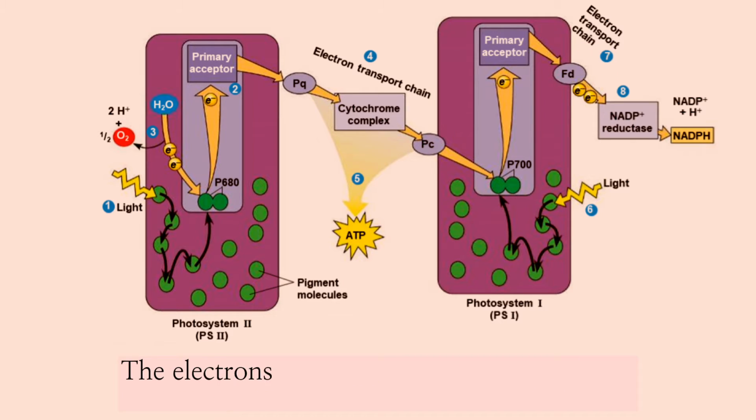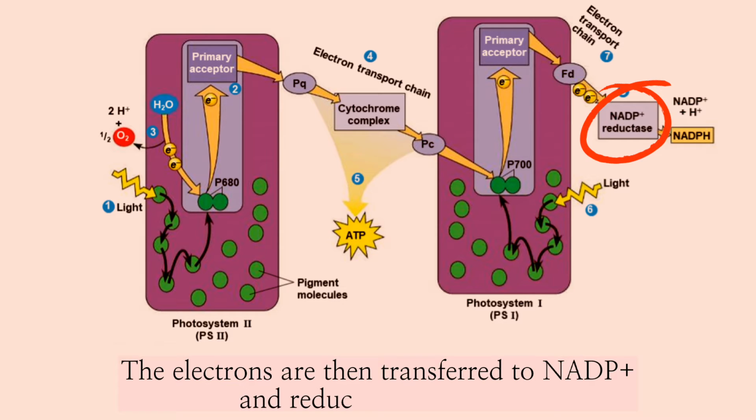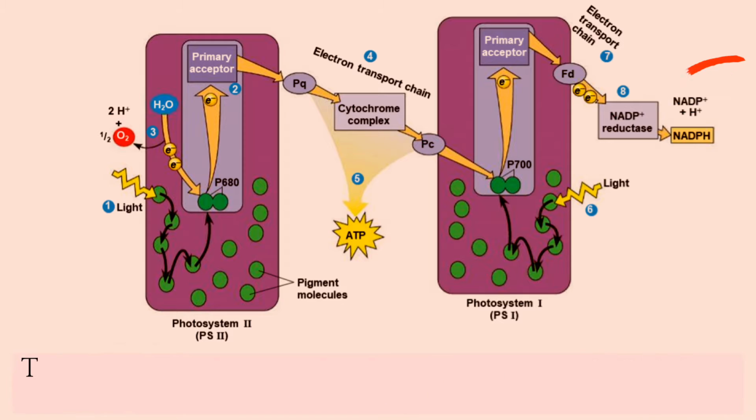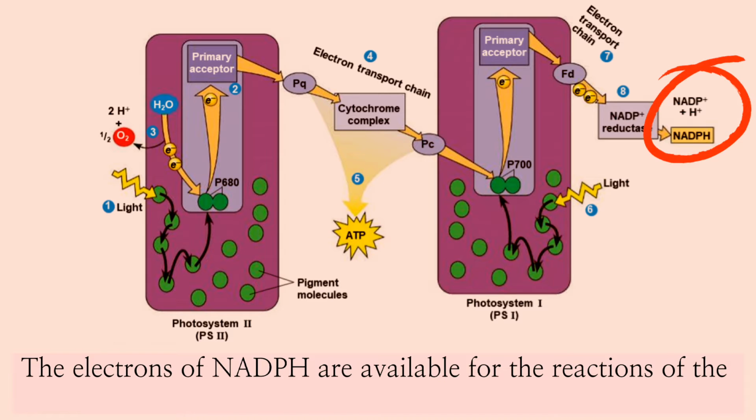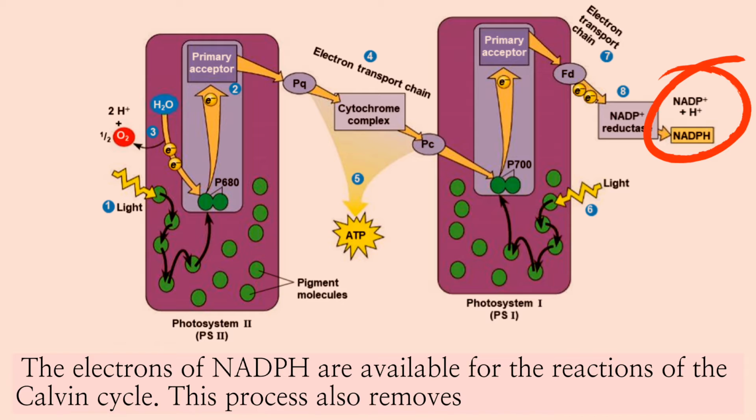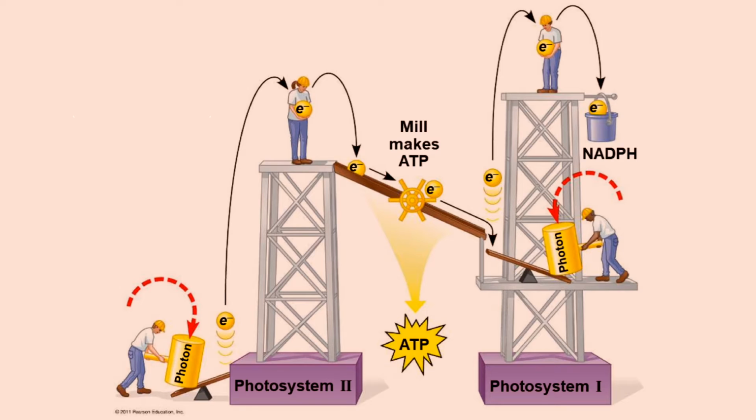The electrons are then transferred to NADP+ and reduce it to NADPH. The electrons of NADPH are available for the reactions of the Calvin cycle. This process also removes an H+ from the stroma. This is a mechanical analogy for linear electron flow during the light reactions.